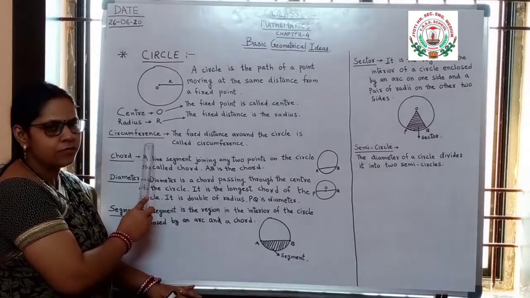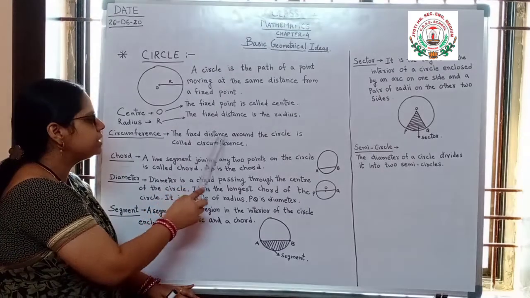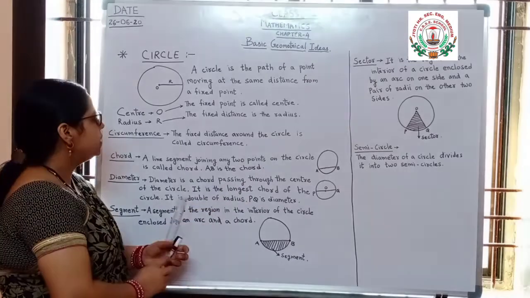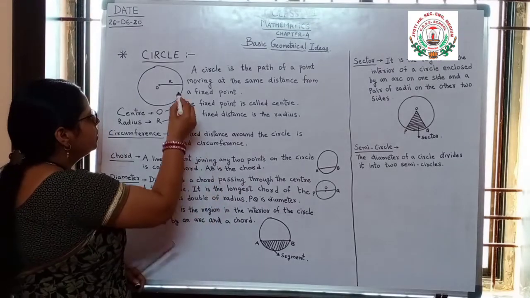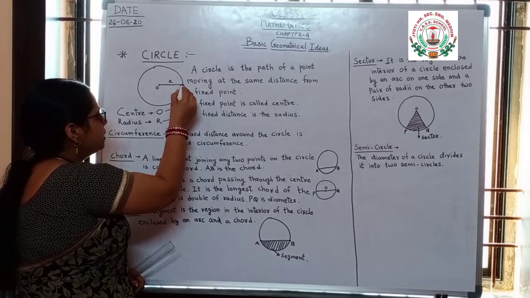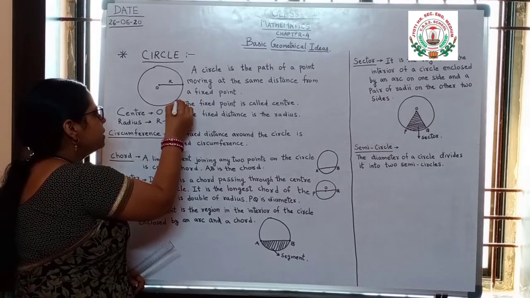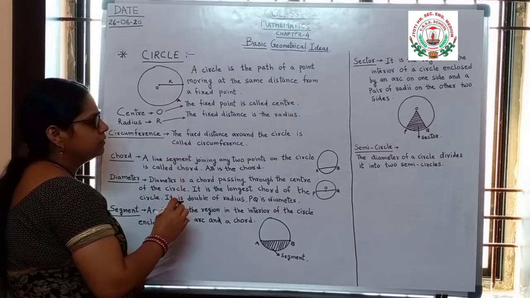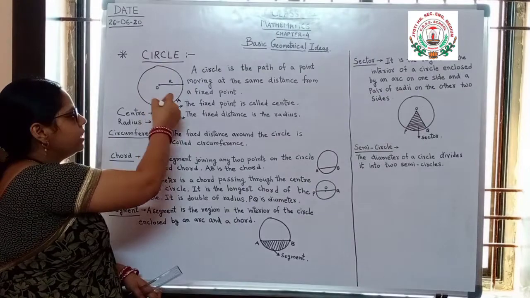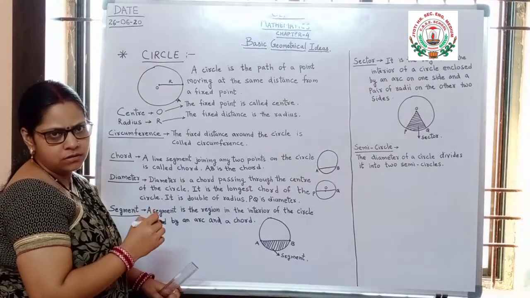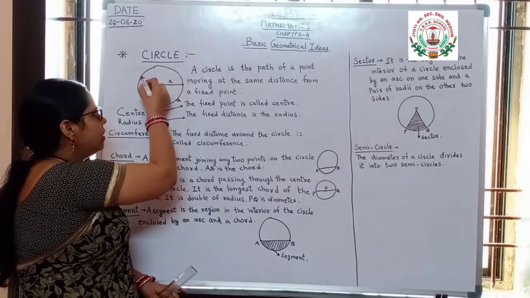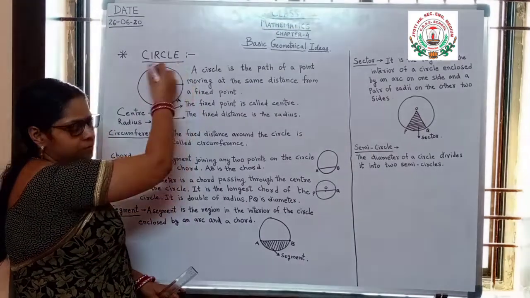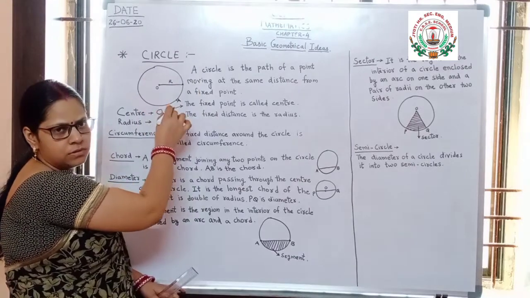Now, what is the circumference? Circumference means the fixed distance around the circle is called the circumference. Suppose we are keeping our pencil at this point, suppose it is A, moving all around and again coming back to A, covering the whole way around the circle.